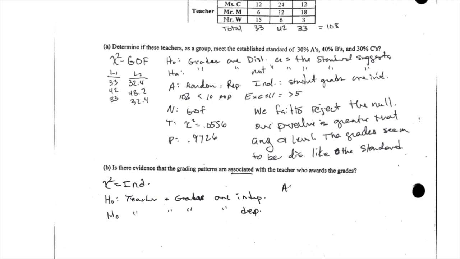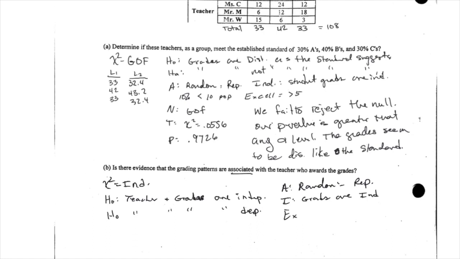My assumptions: we've already done random, but it was representative. And then again, for independence, grades are independent. And that's all I have to do there, except for my expected cell count. I could have referenced that. I had already done this before, but some people may be coming and looking at this for the first time and just want to see this part of it.